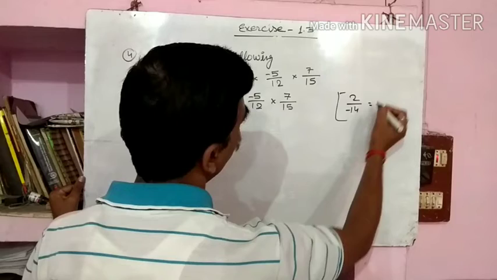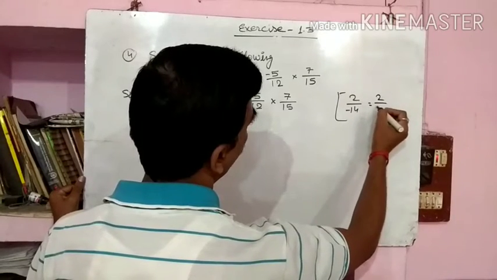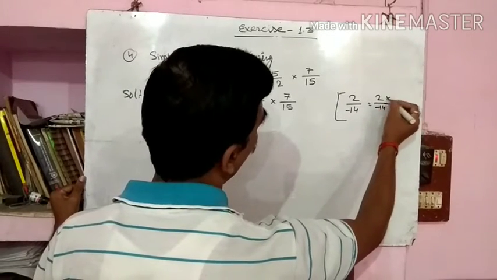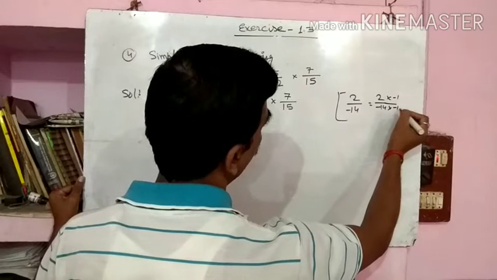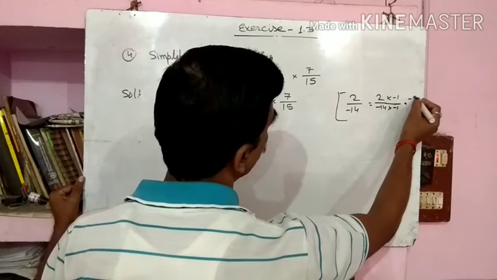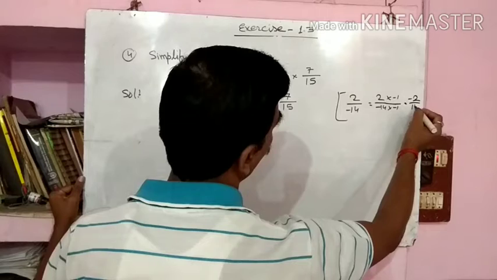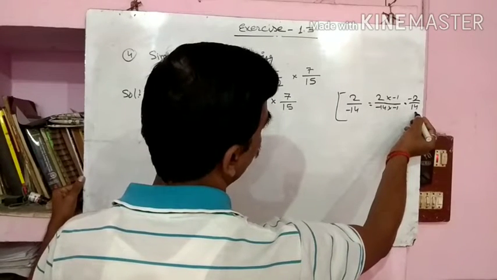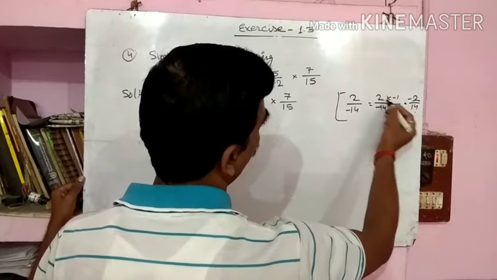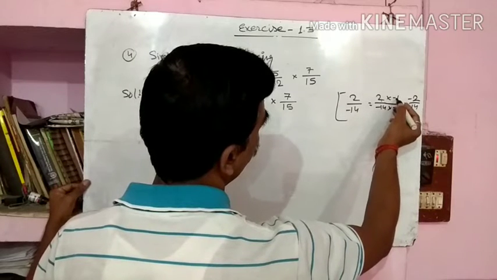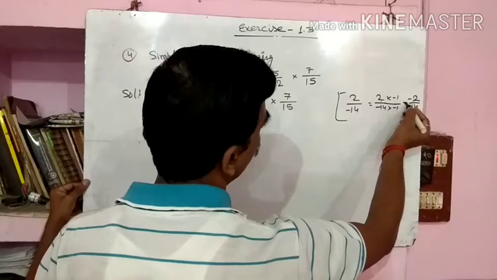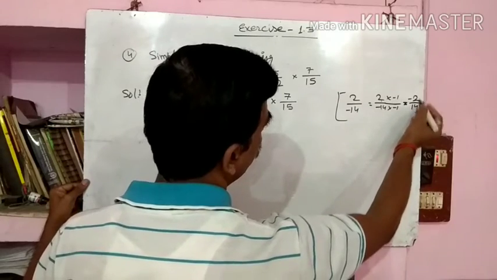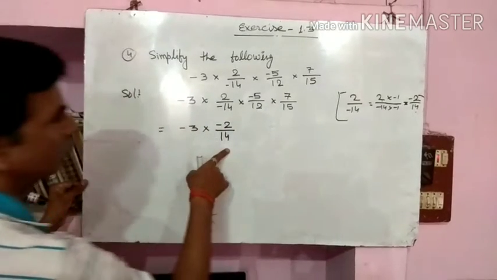So the standard form of it is minus 2 by 14. Both numerator and denominator are multiplied with minus 1. Minus 14 into minus 1 is equal to positive 14, and the positive 2 and negative 1 become negative 2. So you will get the result like this, which we have written here.